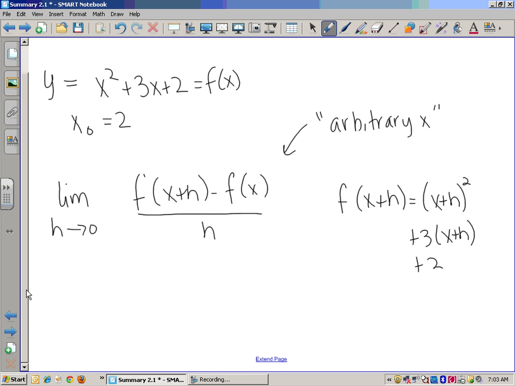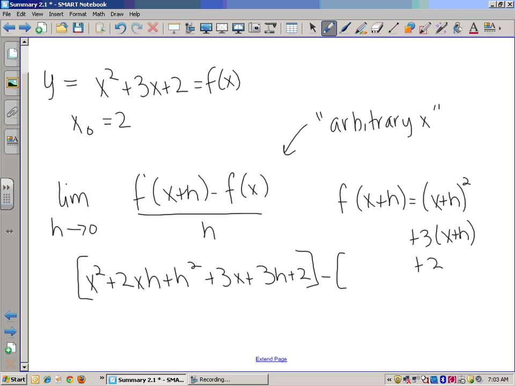This is going to look a little ugly, but that's okay: x squared plus 2xh plus h squared plus 3x plus 3h plus 2. This is all f of x plus h minus f of x, which is x squared plus 3x plus 2, all over h. And again, we're looking at the limit as h goes to 0.